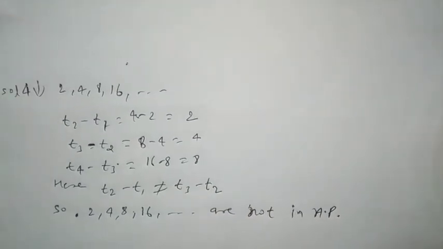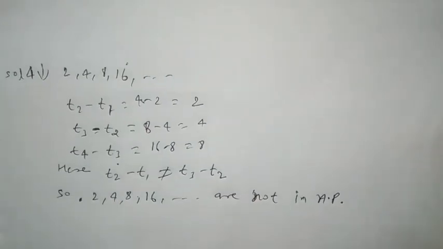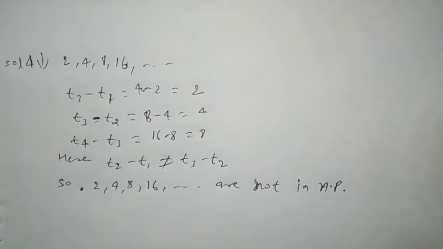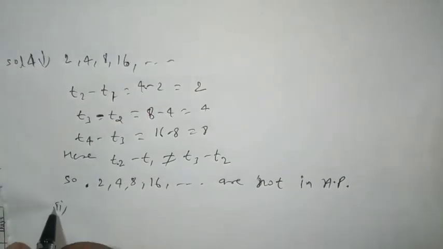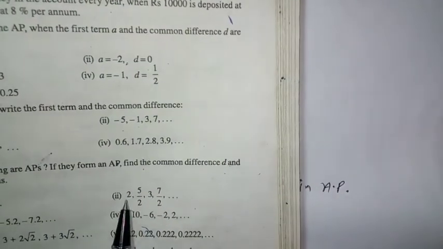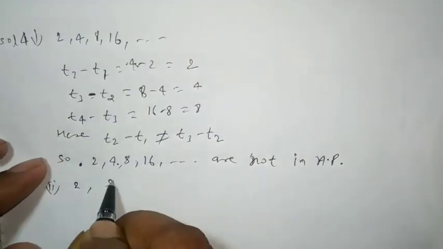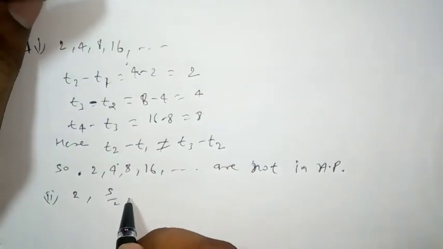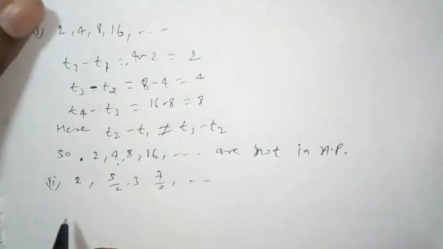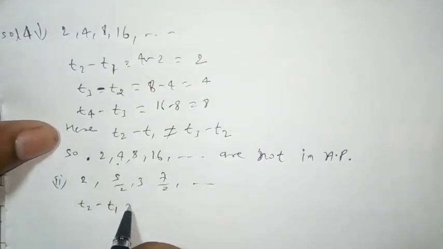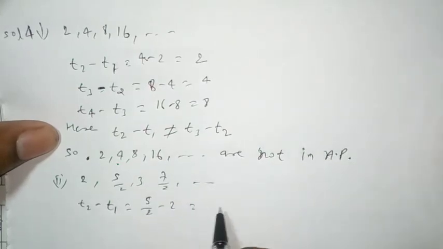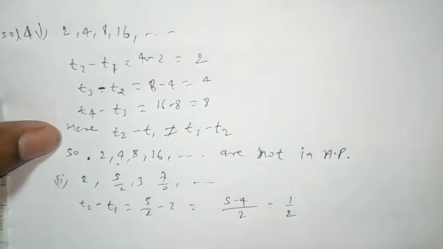If this is in arithmetic progression, then we have to find the next terms. So we also solve the second question of question number 4: 2, 5 by 2, 3, 7 by 2. Here T2 minus T1 is equal to 5 by 2 minus 2 is equal to LCM 2, 5 minus 4 is equal to 1 by 2.